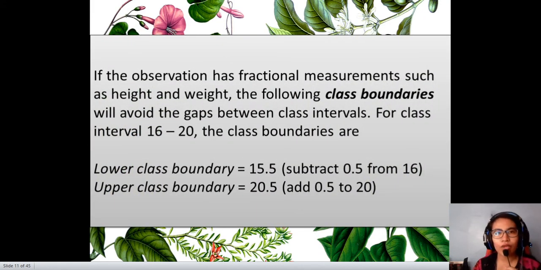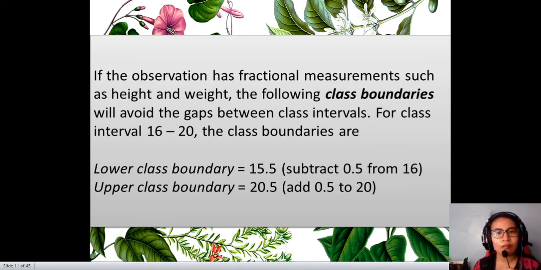But if we have a fractional measurement such as height and weight, we have the following class boundaries to avoid the gaps between these class intervals. For the class interval 16 to 20, the class boundaries are 15.5 for the lower class boundary.